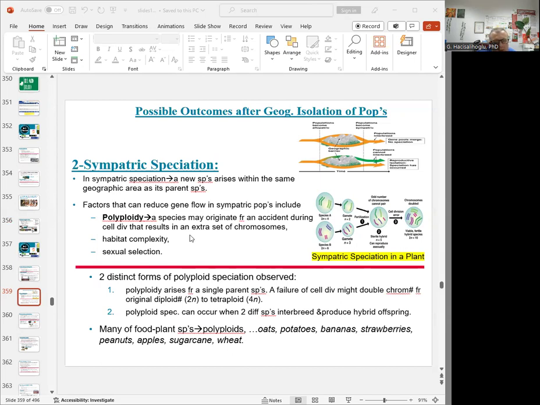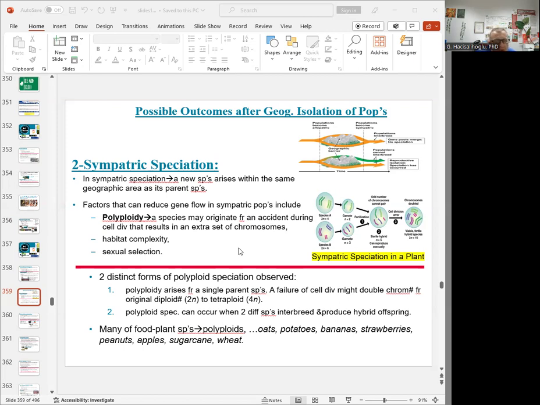Polyploidy is one example that we see a lot in plants especially. Species may originate from an ancient accident during cell division that resulted in extra sets of chromosomes. Poly means many, and ploidy refers to sets of chromosomes. Instead of two sets of chromosomes, which is the default diploid situation, in this case there are tetraploid, hexaploid, and other extra sets of chromosomes.